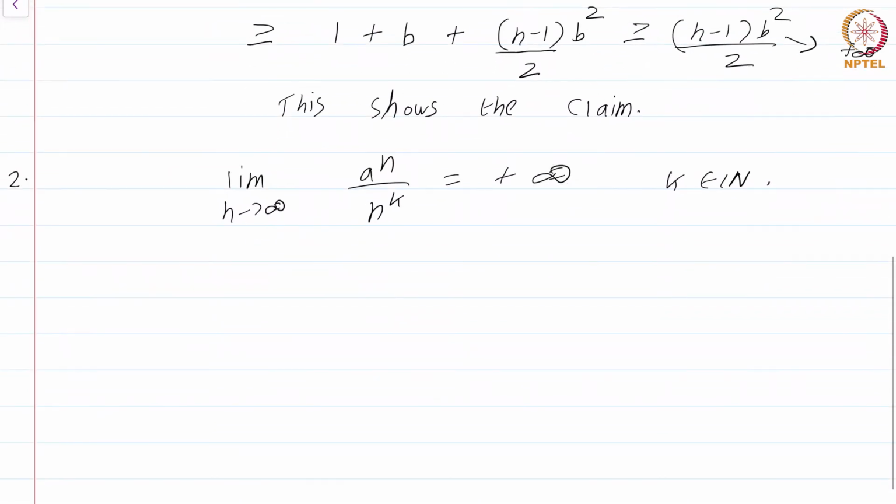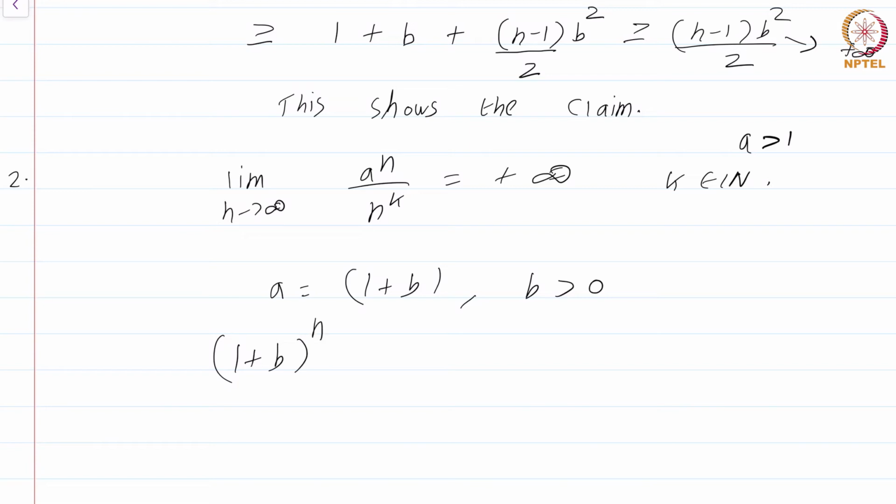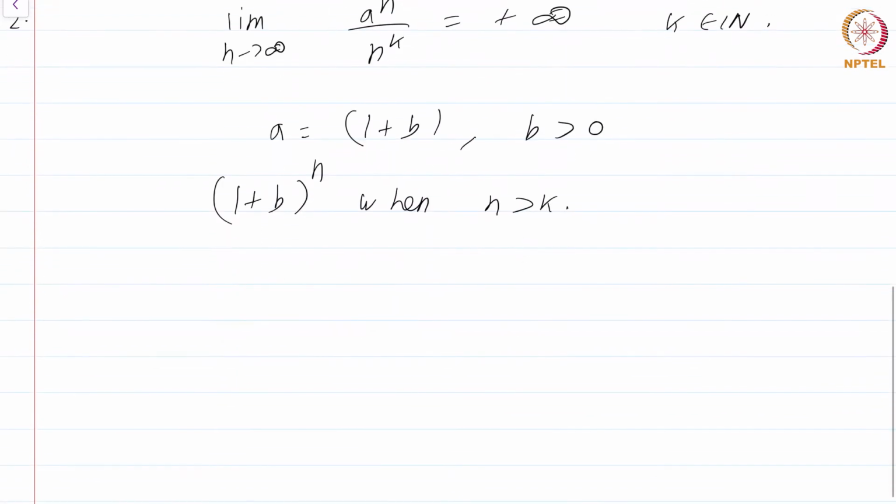Now, how do I show this? Well, this is slightly trickier, but it's exactly the same idea. Again a is greater than 1. Write a as 1 + b, where b is greater than 0, and look at (1 + b)^n when n is greater than k. Now, how will the binomial expansion look?